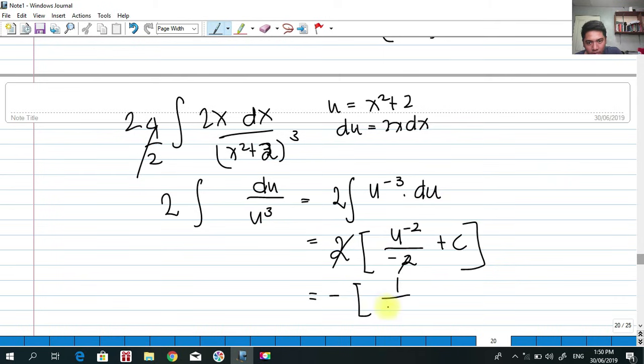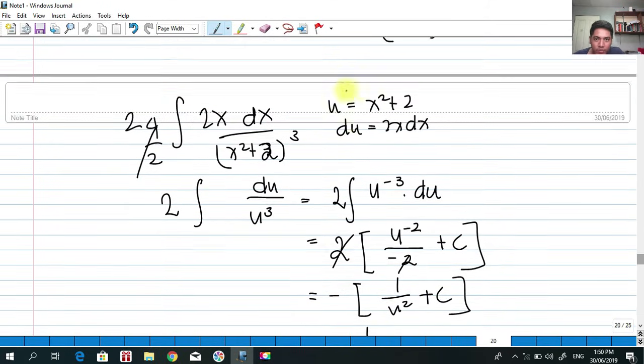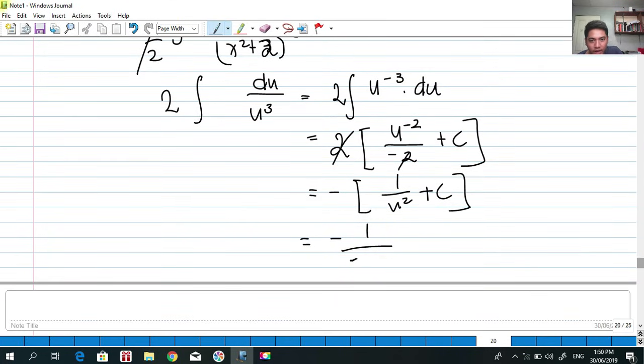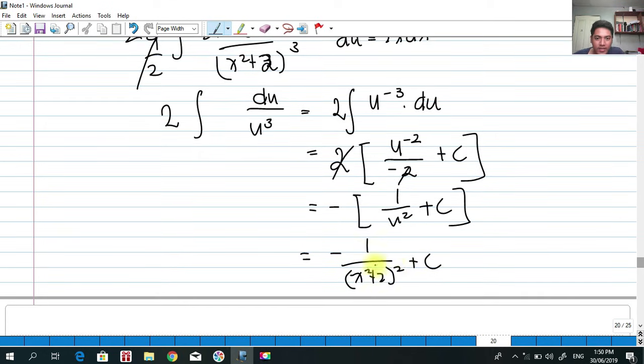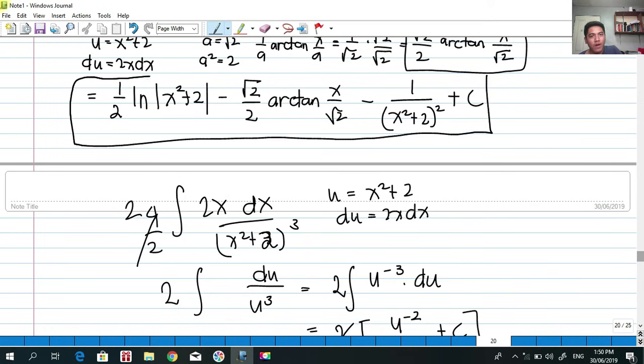So we have negative 1 over u squared plus c. Our u is now back substituted, so we have negative 1 over x squared plus 2 squared plus c. So this should be our final answer for our integral here.